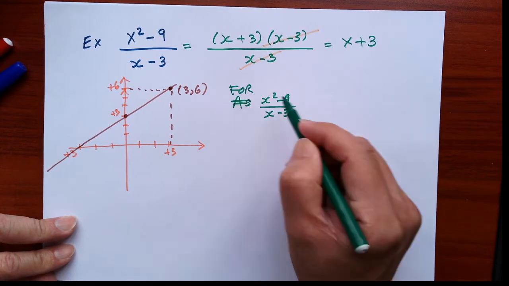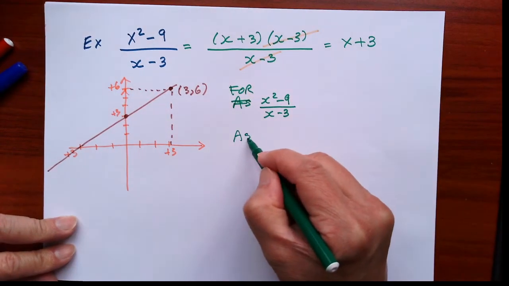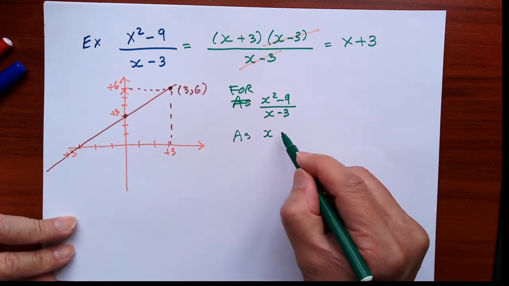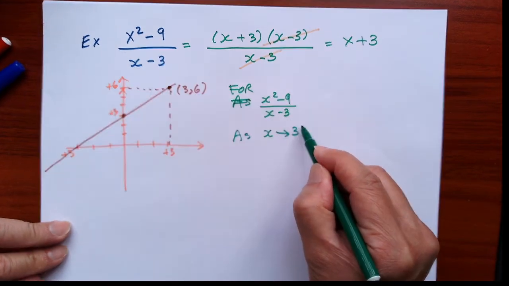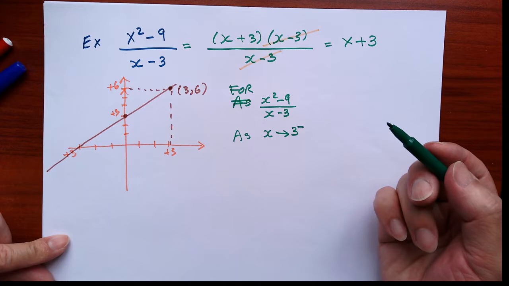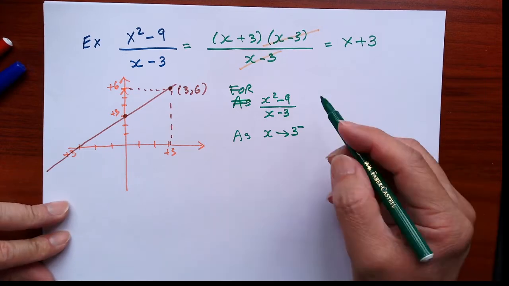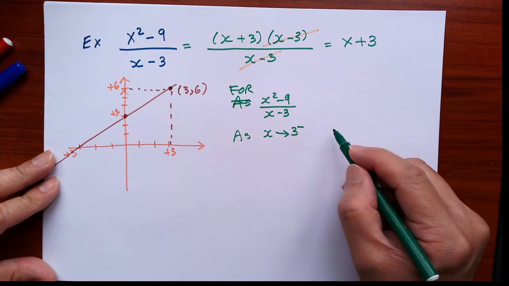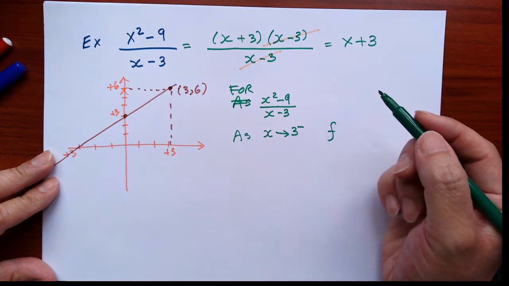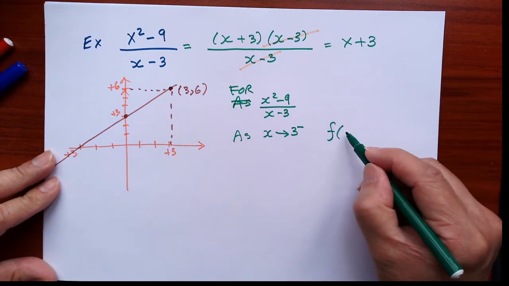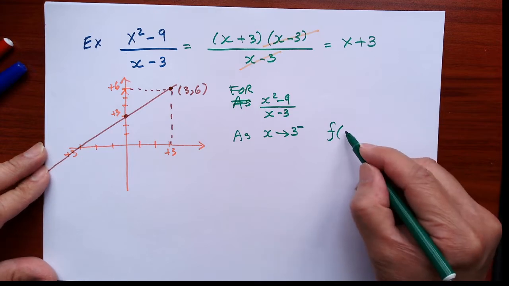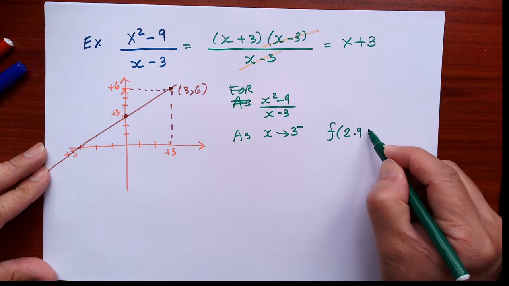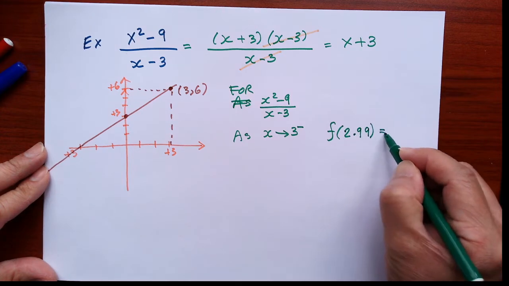For this graph, as x approaches 3 from below, I'll pick an example, f of 2.99.